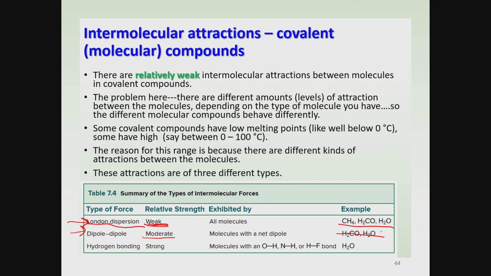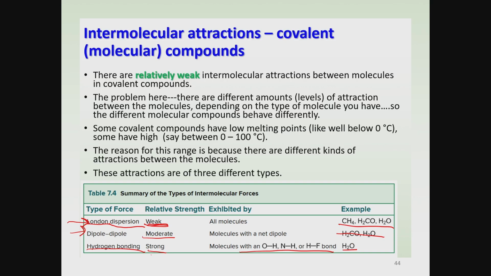But then there's a subset of these molecules that have dipole-dipole interactions that have a stronger kind of interaction, which is called hydrogen bonding. This will be even stronger than the dipole-dipole interaction. We'll talk in more detail about how you get hydrogen bonds in a minute, but you maybe already know that water is an example whose molecules have hydrogen bonds between them.